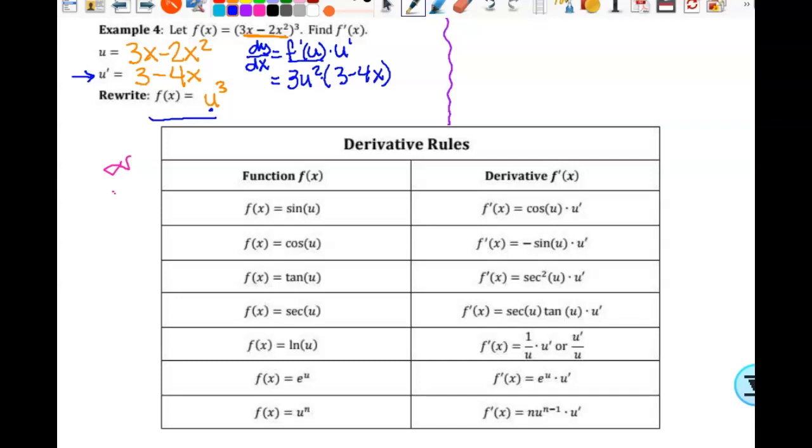Ask me a question at this point. We good? Now, in the end, I can't have any u's left, so I know what u is. U is this right here. So this is equal to 3 times (3x minus 2x squared) squared times (3 minus 4x).